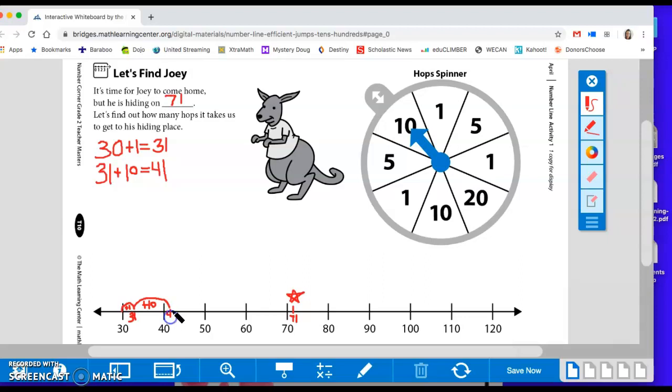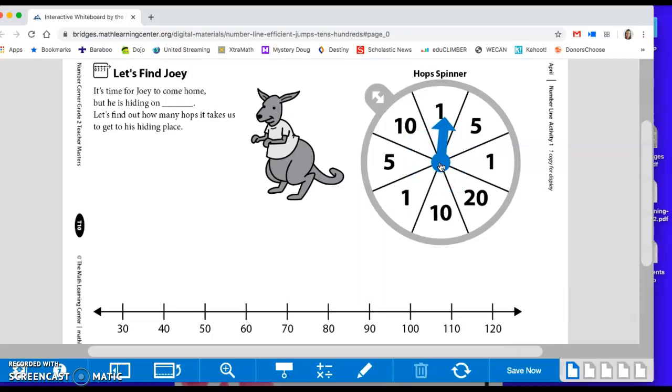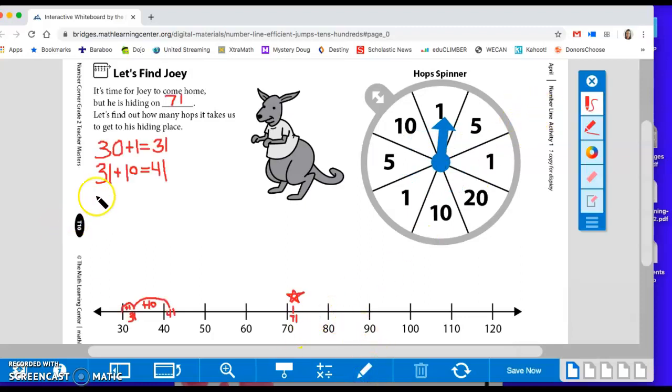All right, still have some hopping to do to get to Joey, so let's spin again. Plus 1. Okay, well, I was at 41, and I spun 1 more. So 41 plus 1 is 42. All right, plus 1 gets me to 42.